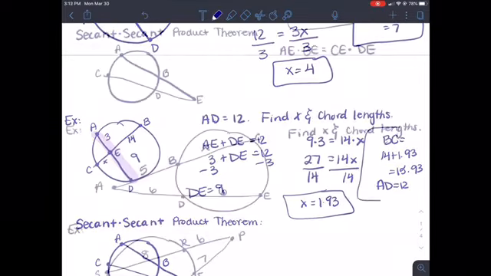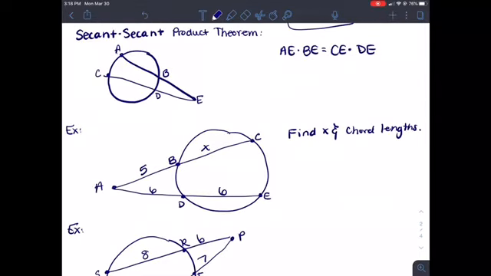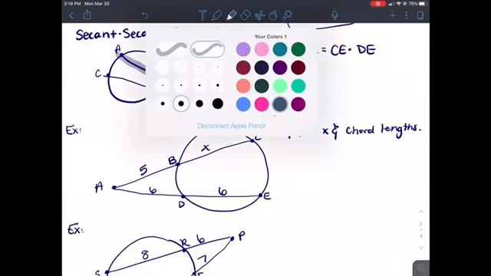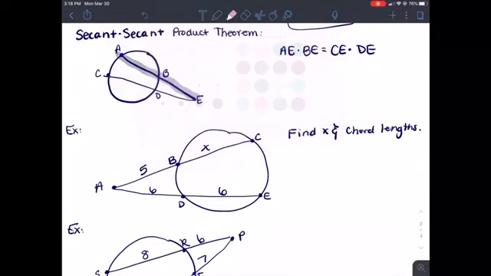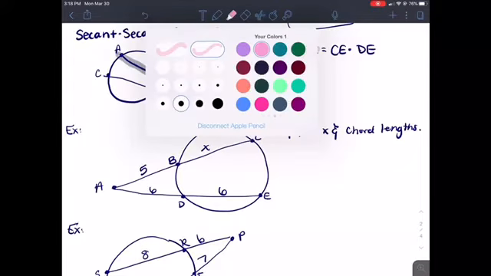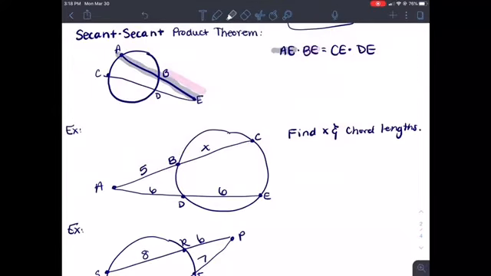For the secant product theorem, this says that the entire secant, which I'll highlight in dark blue, times the part of the secant outside the circle, which will be in light purple, right here, this is AE.